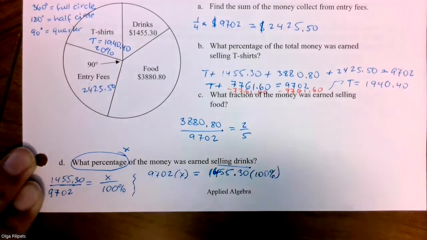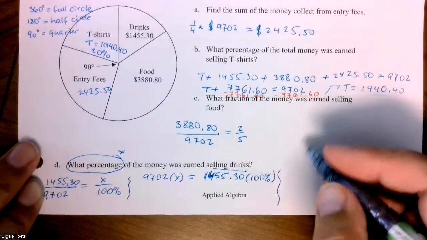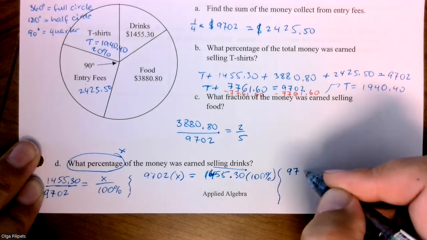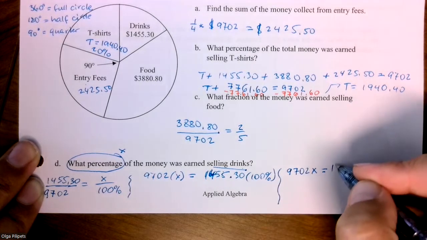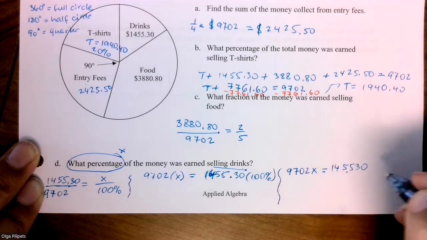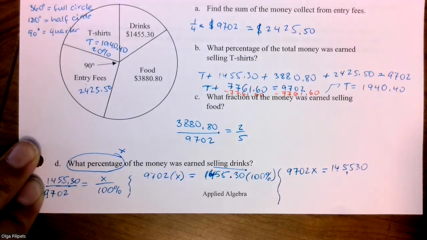So I have 9702X equals, whatever that is, 145,530.